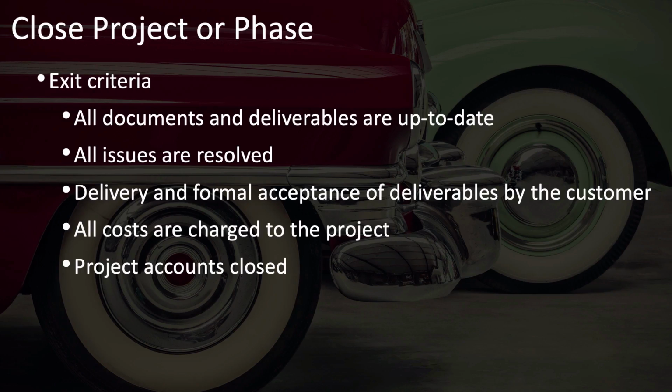You should check your issue log and your change log to make sure that all of the issues have been resolved. You should ensure that the deliverables have been delivered to the customer or key stakeholders that should be receiving these, and that they have been formally accepted.